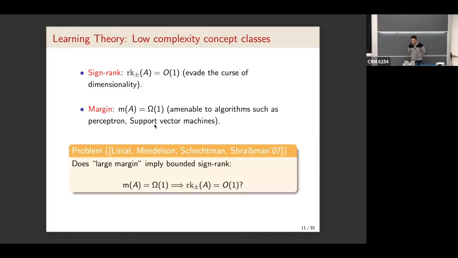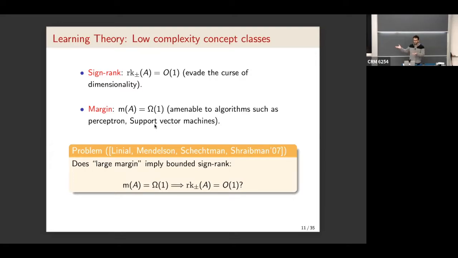Okay, so there is this interesting question which appeared in a paper of Linial, Mendelson, Schechtman, and Shraibman, 2007. Large margins seem to indicate that your concept class is simple, like it's kind of hard to construct those things. And they ask, well, if your margin is large in some dimension, is your object inherently low dimensional?